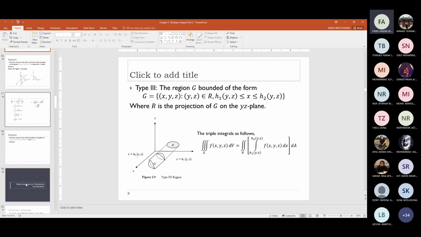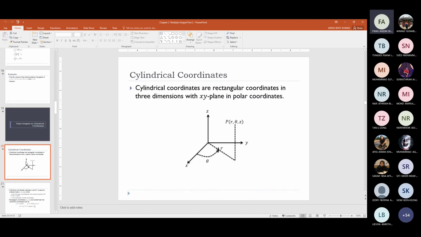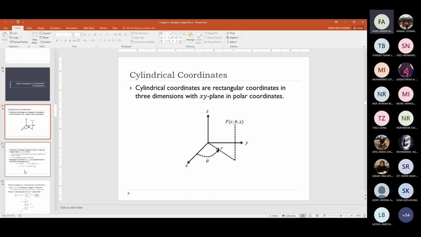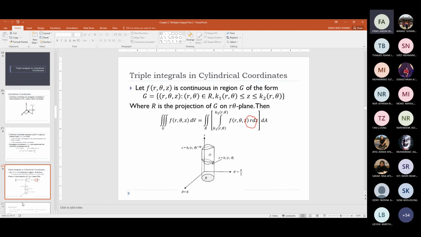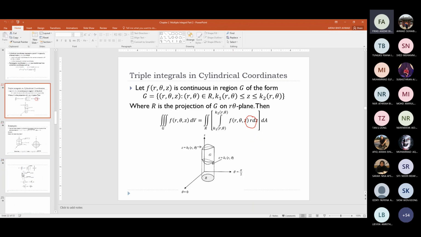Okay, then triple integral in cylindrical coordinates. How you are going to find cylindrical coordinates, which are rectangular coordinates in 3 dimensions with the x, y plane in polar coordinates. And how you are going to find triple integral in cylindrical coordinates by doing the summation, the integration over r, the radius, and also theta, the angle of the solid that we are interested in.